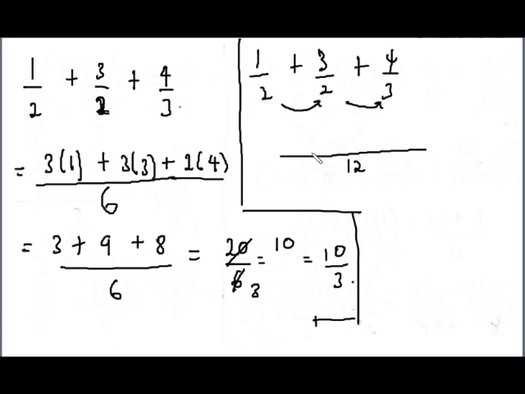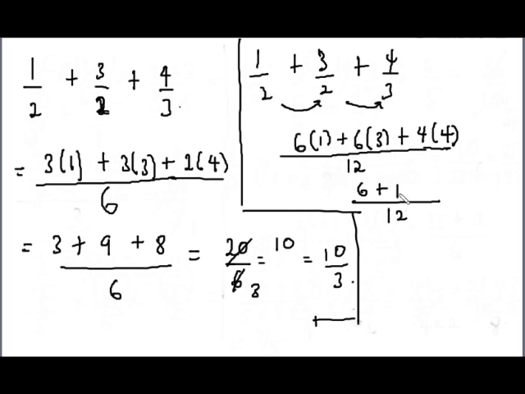Okay, so 12 divided by 2 is 6, times 1, plus 12 divided by 2 is 6 times 3, plus 12 divided by 3 is 4 times 4. So 6 times 1 is 6, plus 6 times 3 is 18, plus 4 times 4 is 16.